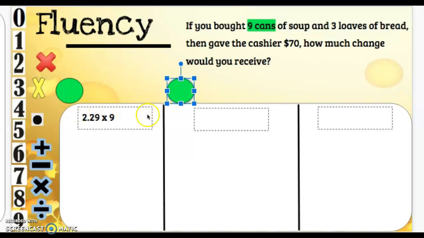If we have a multiplication problem here, we are simply going to start off by rewriting our problem without the decimal points. So we have 2, 2, 9, and then we have a 9 underneath it.